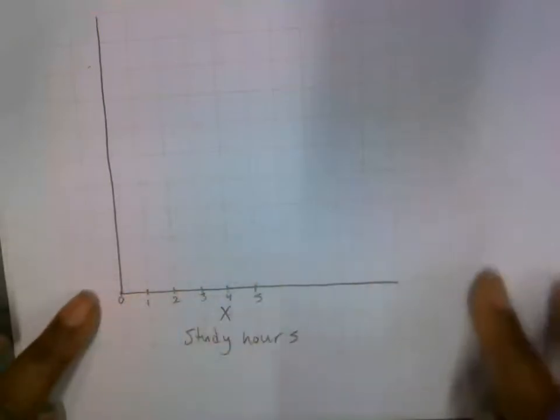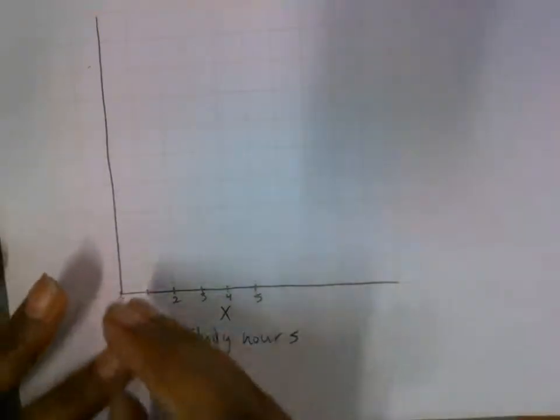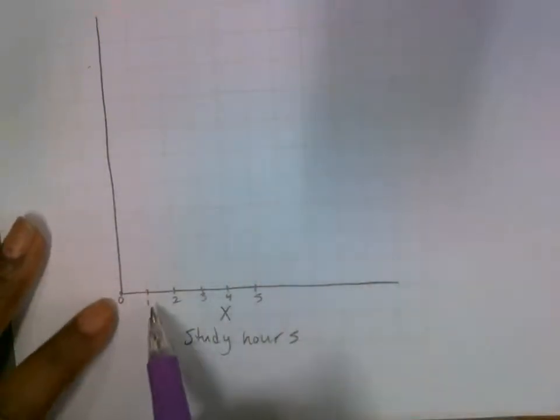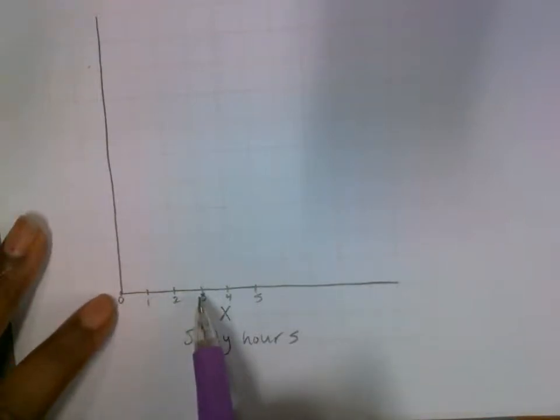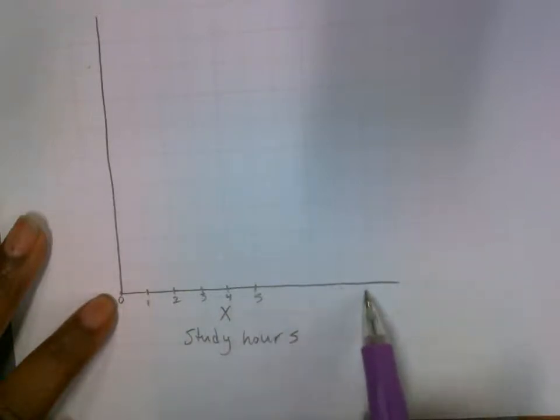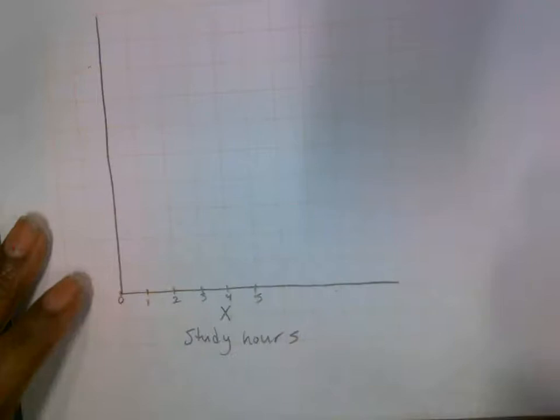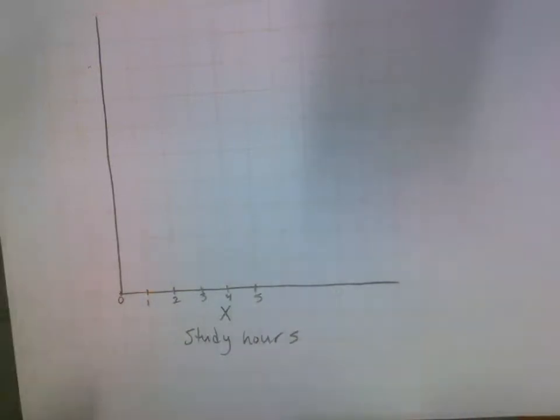Or you can skip lines if you want to. If you want the graph to be spaced out a little bit more, you can put 0.5, 1, 1.5, 2, 2.5, 3, 3.5, 4, 4.5, 5. You can spread it out a little bit more if you want to. It might be better for you to spread it out so you can see your points better.